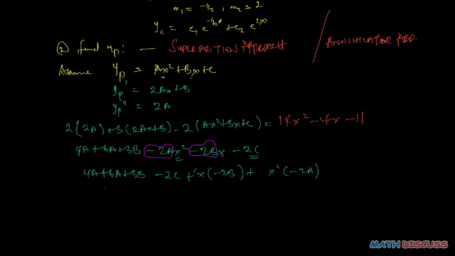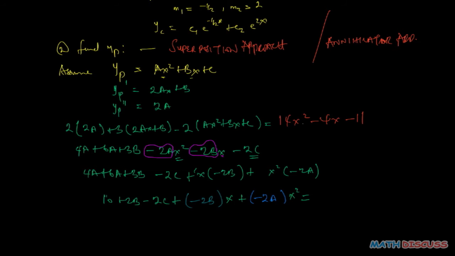Anyway, when we simplify this, you have 10a plus 2b minus 2c plus, now what we have for that side is plus minus 2b into x, then plus minus 2a into x squared.